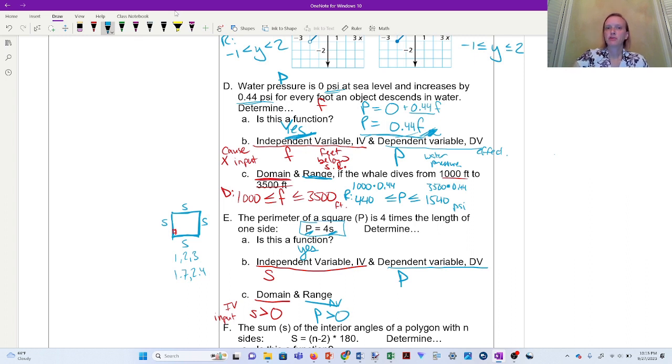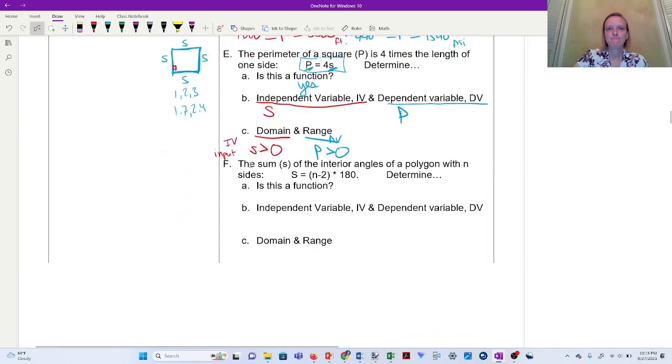Let's look at another geometry example that's just a little bit different. This time we're doing the sum of the interior angles of a polygon with n sides. We can calculate that sum of the interior angles by using this equation, S equals the quantity n minus 2 times 180. Let's look at an example quickly.